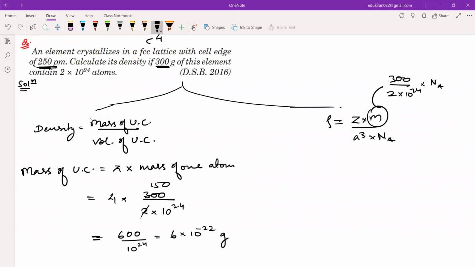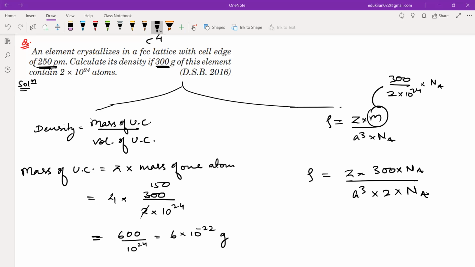Now if you see, these two things are going to be the same only. Why? You can see that density is equal to Z into, what is the molar mass we have seen? This is 300 into Na upon A cube into 2 into Na.